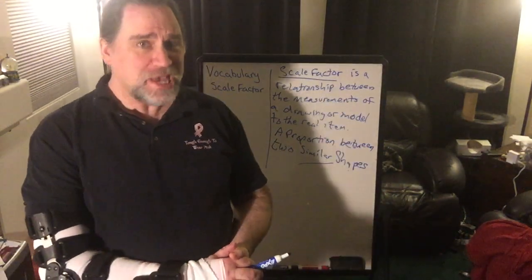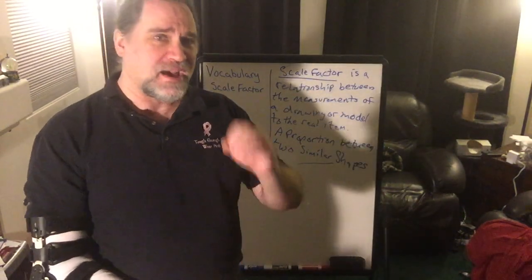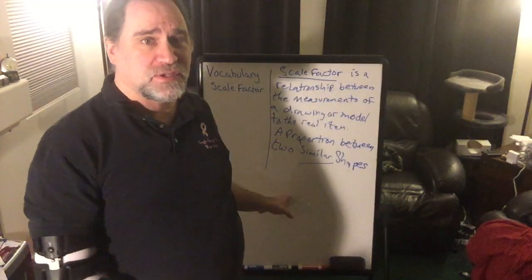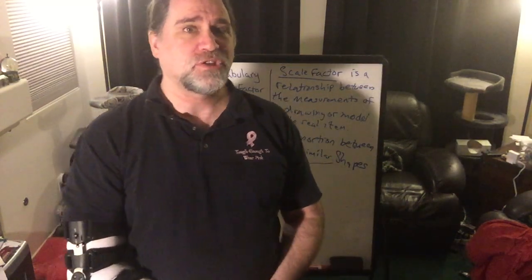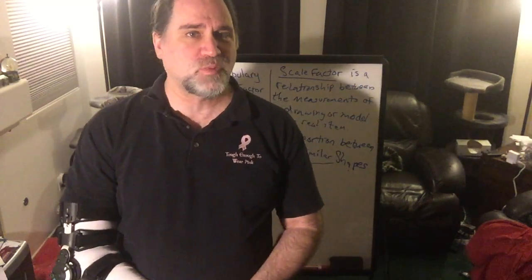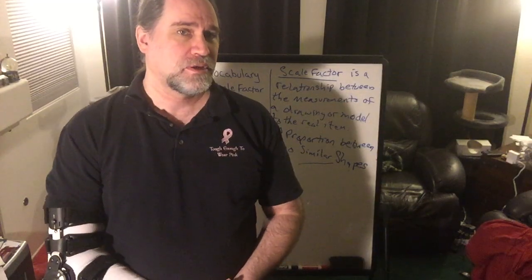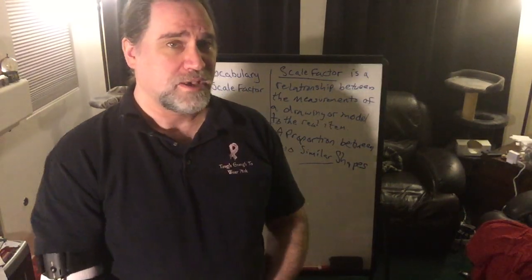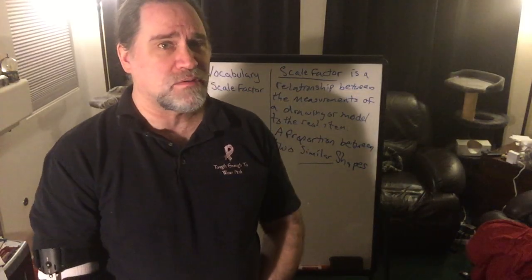But a similar shape has to have some things about them that are identical. And in regards to shapes, the things that have to be identical are all the angles. So they should look like exactly the same shape, just one bigger than the other. Not like, hey, this is one kind of triangle and this is a different kind of triangle. That's not similar. A rectangle and a square are not similar.